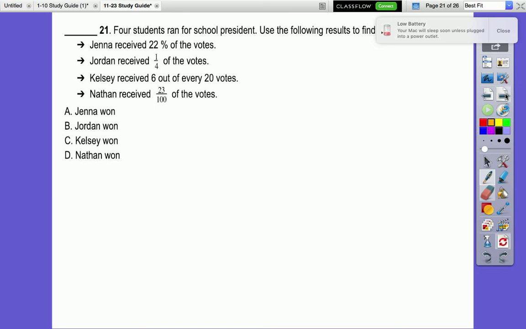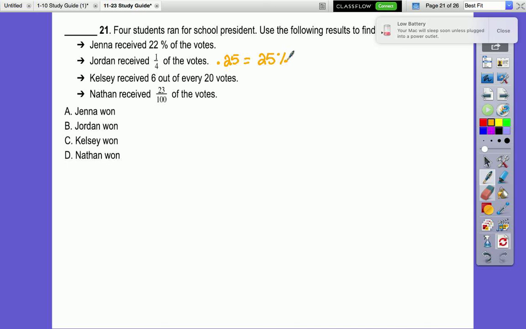Use the following results to find the winner. So this is just like number 1. I'm going to change all of mine to percents. So Jenna received 22% of the votes. Jordan received 1/4 of the votes, and 1/4 as a decimal is 0.25, which is equal to 25%. So he received 25% of the votes.